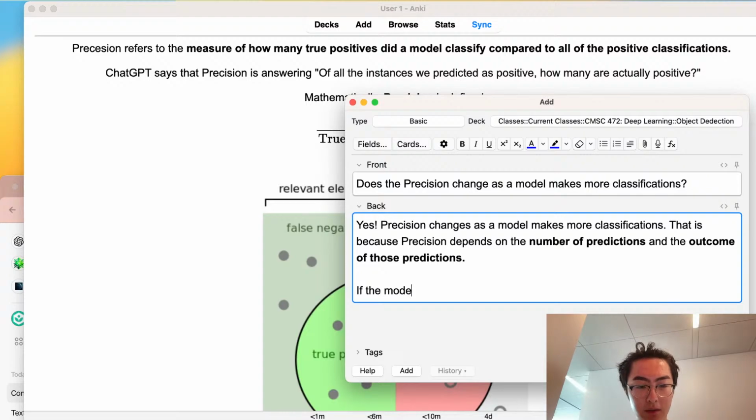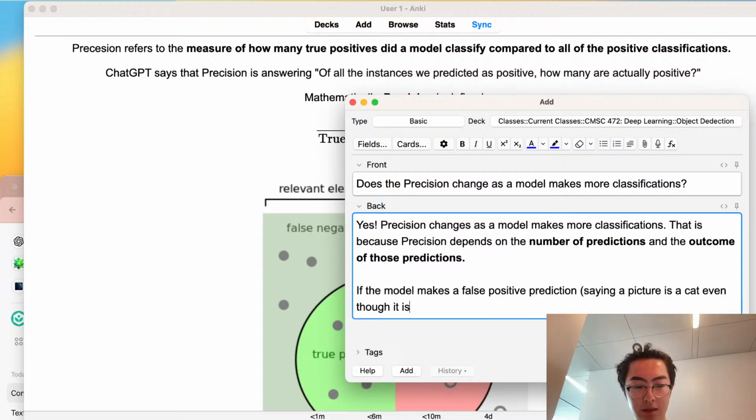If the model makes a false positive prediction, so this could be saying a picture is a cat even though it is not a cat, then the precision falls.